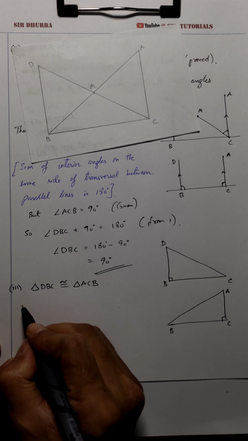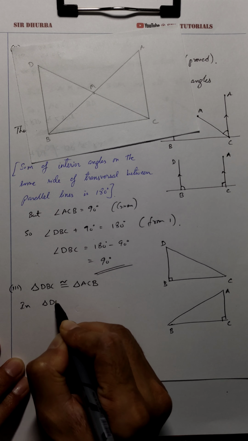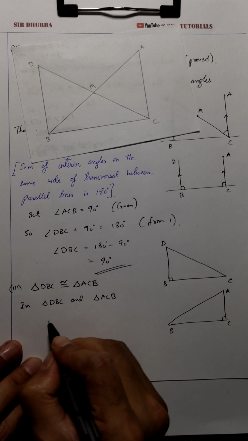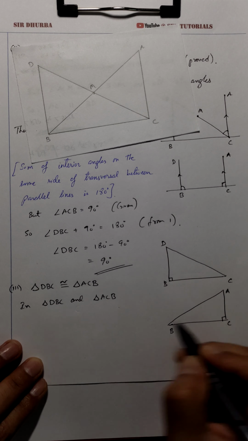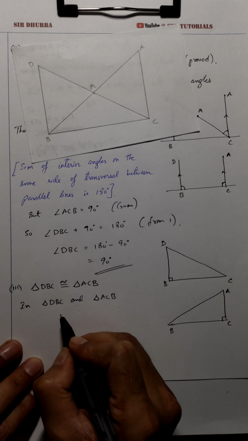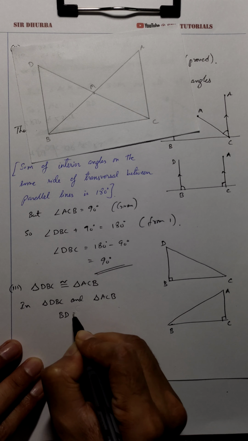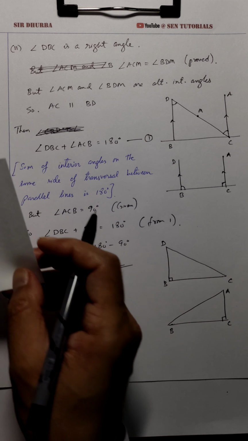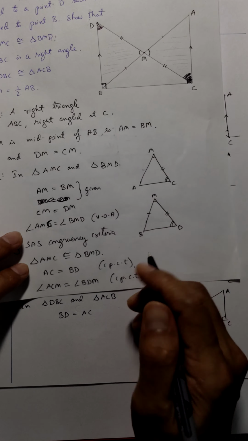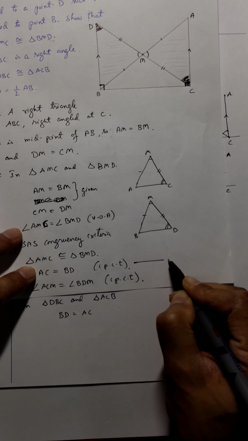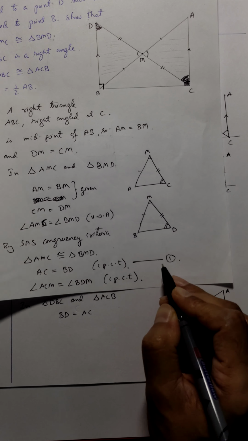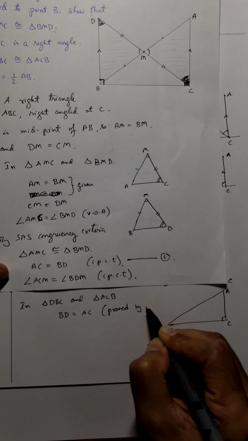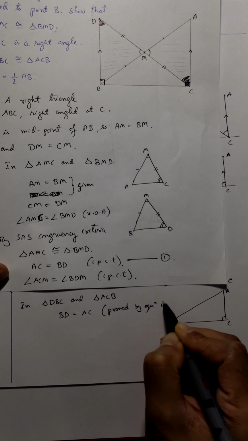So we can prove directly. In triangle DBC and triangle ACB, BD is equal to AC. That was actually proved in the beginning, by equation 1.